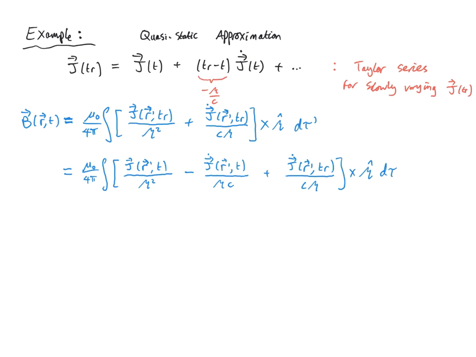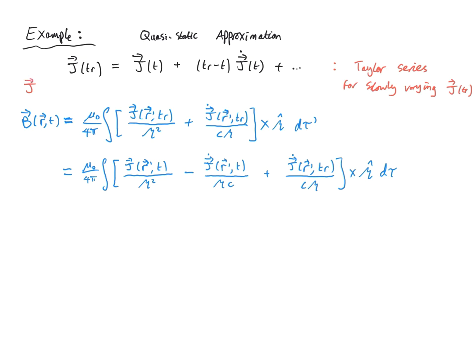So how can we use our Taylor series expression for J of t_R to extract the time derivative J dot of t_R? Let's just take our expression for J of t_R and take the time derivative.